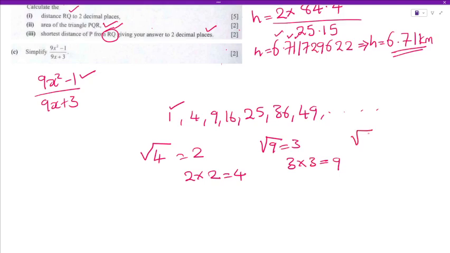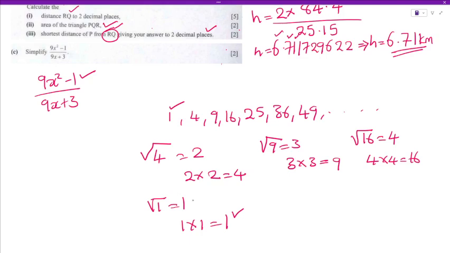Last one. What is the square root of 16? It is 4. Why is 4 the square root of 16? 4 times 4 gives you 16. Now we come to a special number. What is the square root of 1? The square root of 1 is 1. Why is 1 the square root of 1? 1 times 1 gives you 1. So that's how come 1 is a perfect square, in case you were wondering.